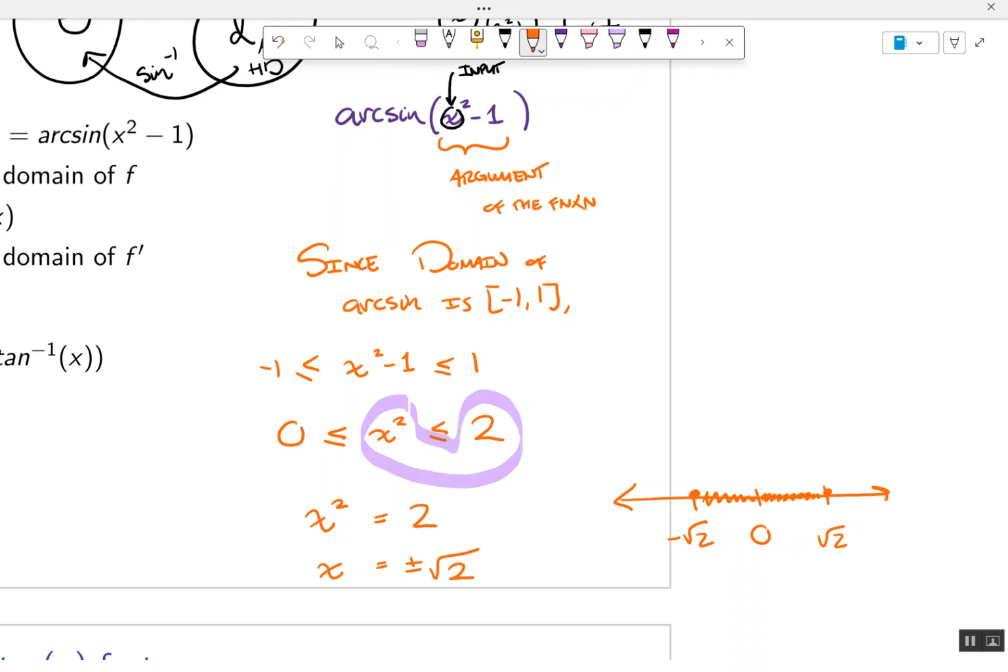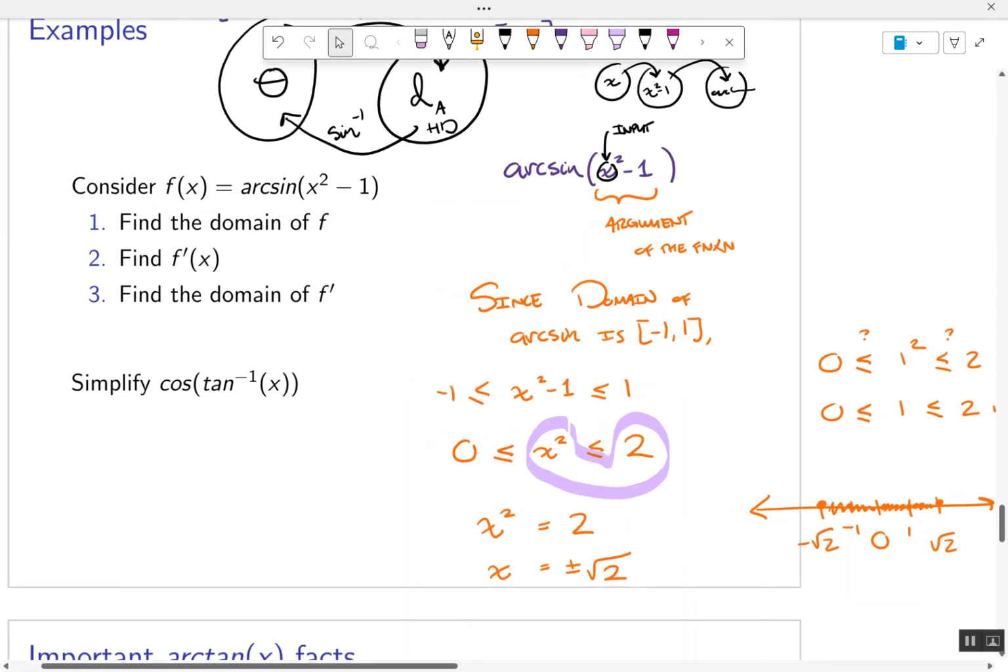I mean, you can check, right? Like let's say 1 is over here. So is this true? So 0 is indeed less than or equal to 1 and is indeed less than or equal to 2, right? So that's a way to check. And you can do the same check for negative 1. Look, here's negative 1. So anyway, our domain here is going to be from negative square root of 2 to square root of 2.